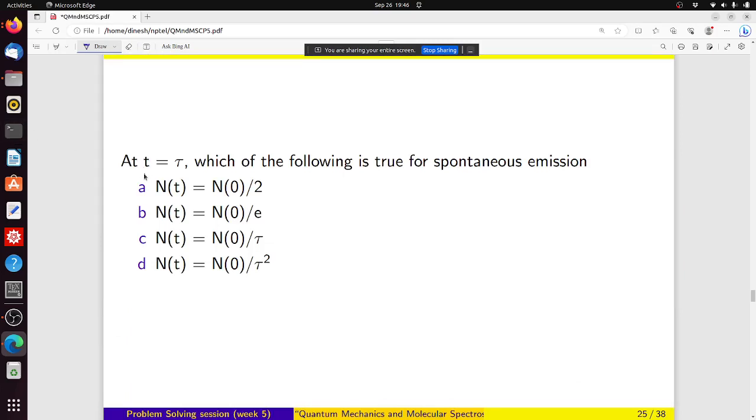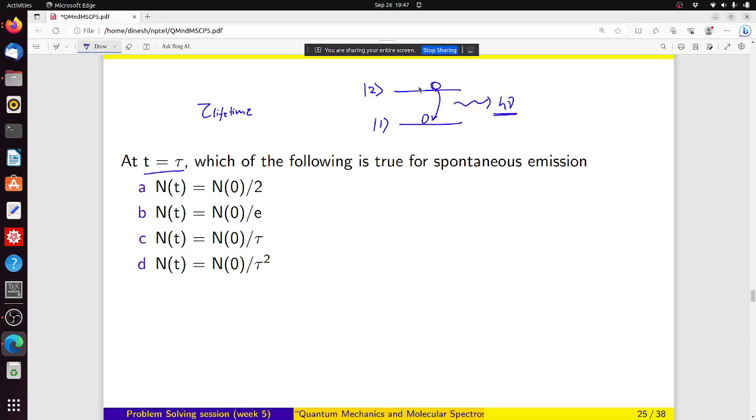At t equal to tau, this tau is nothing but lifetime. Which of the following is true for spontaneous emission? So you have two states, state 1 and state 2. What happens in spontaneous emission? Particles in excited state will jump to ground state and radiate some energy.